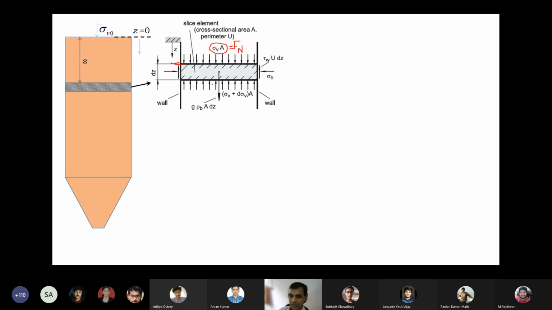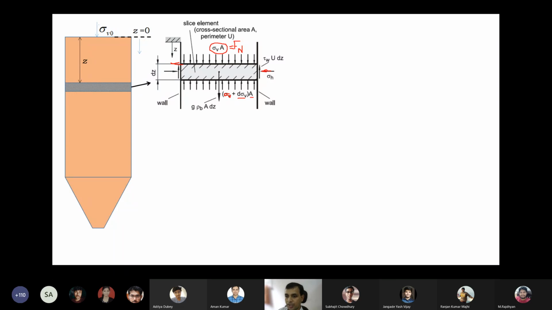At Z plus delta Z, we have the variation, delta V or dV, the amount of stress being increased or reduced, into area. And this is the horizontal stress.